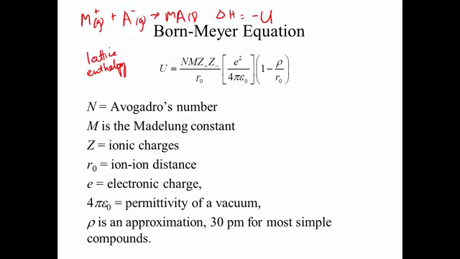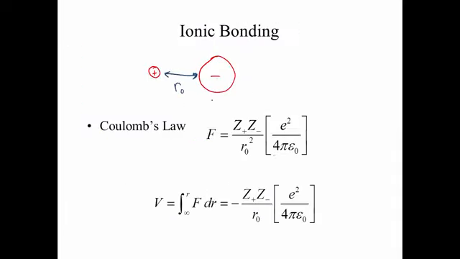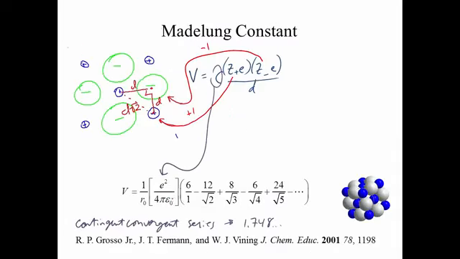We know the inter-ion distance or interatomic distance, which would be the sum of the ionic radii. These are all constants. And then in addition to, so this part we've seen before. This just comes from Coulomb's law here, modified by the Madelung constant here.